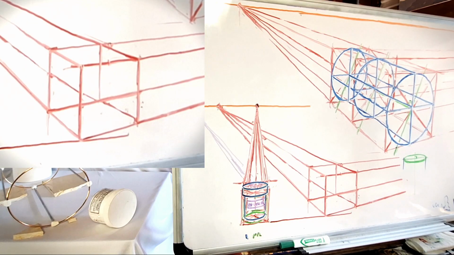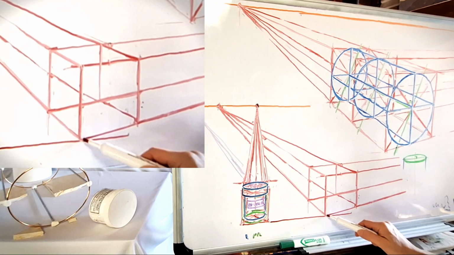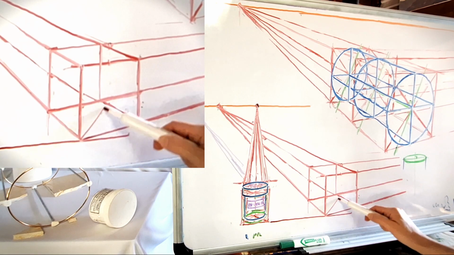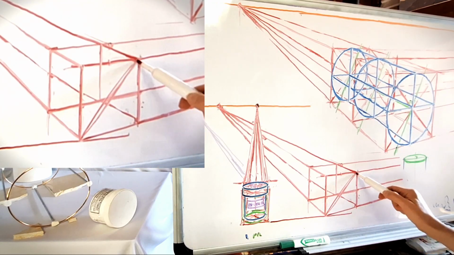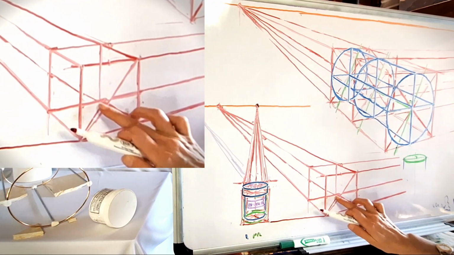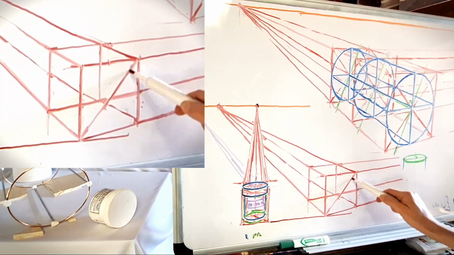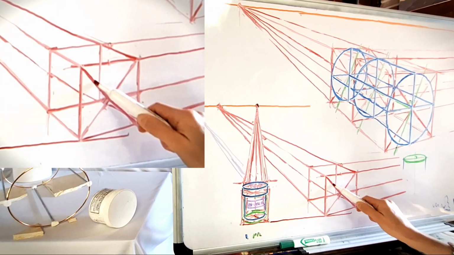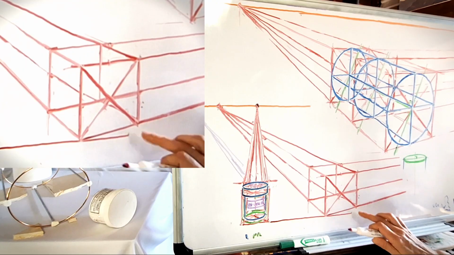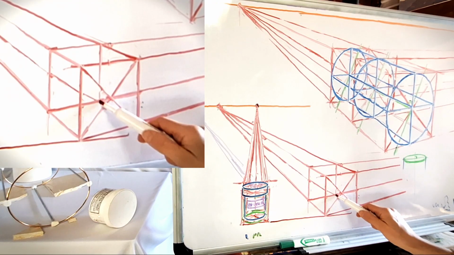All right, here's our box. So in that box, like we did with the others, we are going to find our center. Remember the super important part is to make these diagonals as precise as you can, nice and straight, so that you find that center spot on, so you're not off somewhere in here.